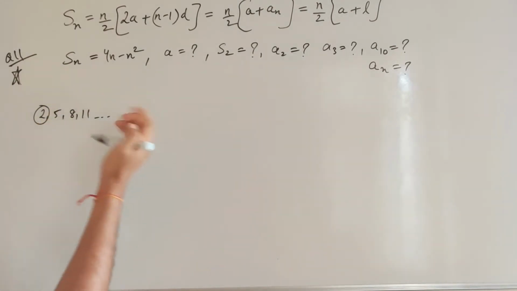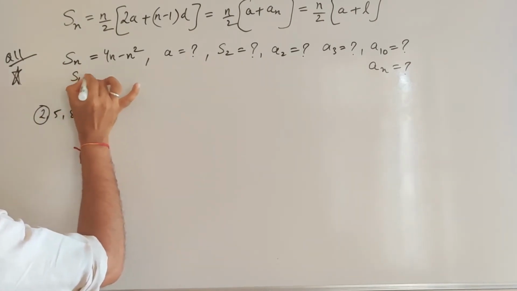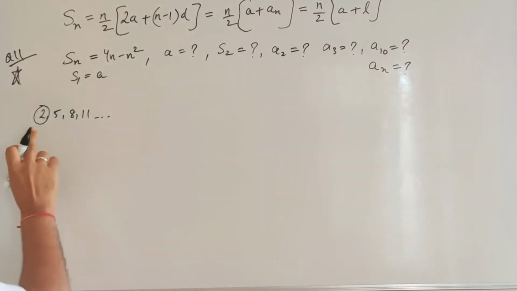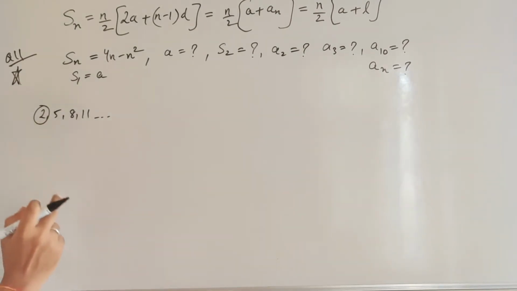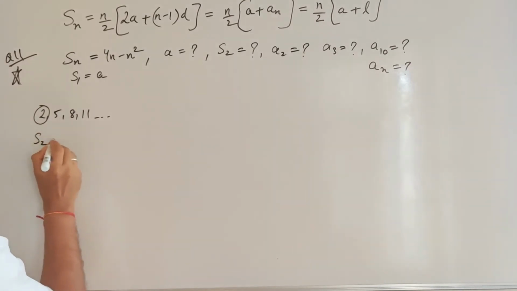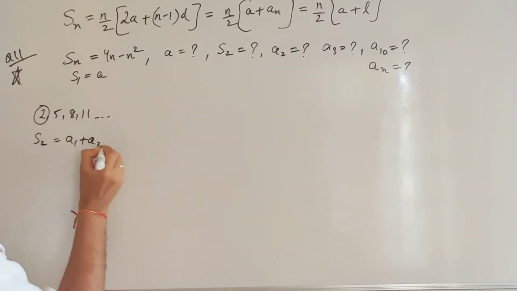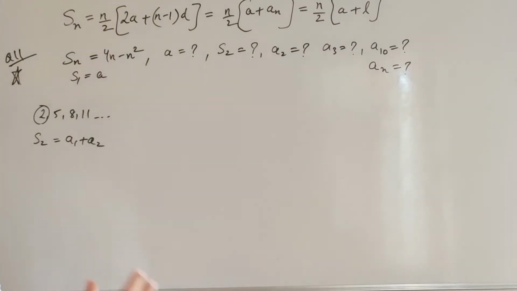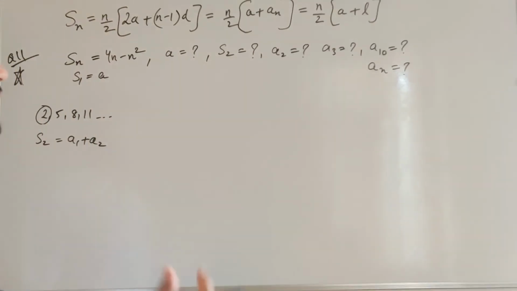So S1 is nothing but a, because you are taking only one term. S2 means the sum of the first two terms. S3 means the sum of the first three terms, A1 plus A2 plus A3, and so on.